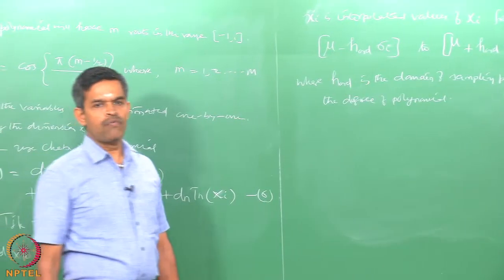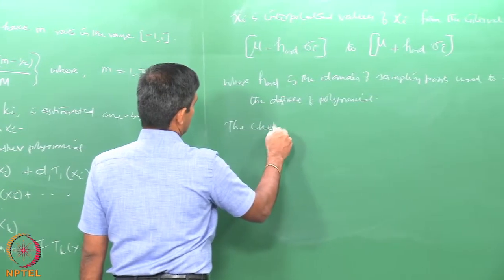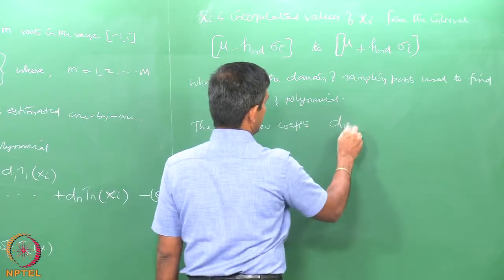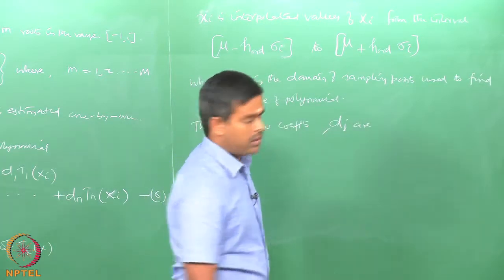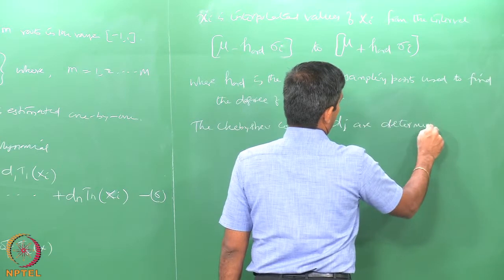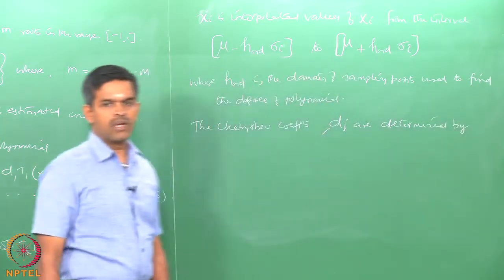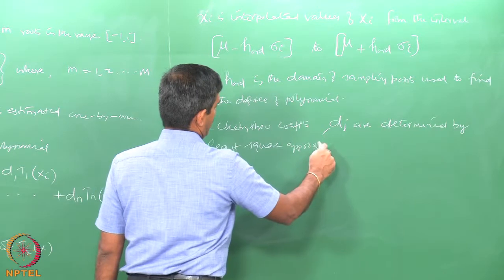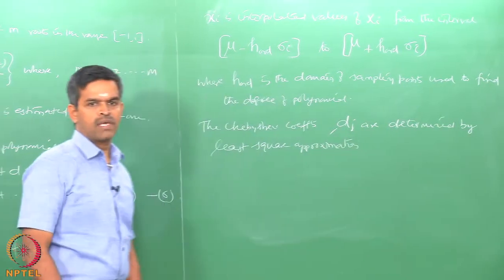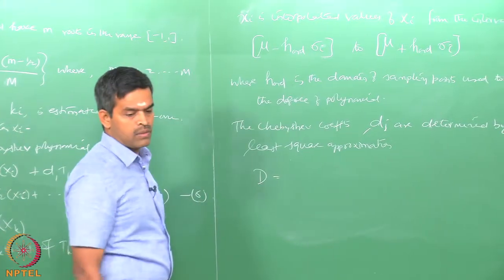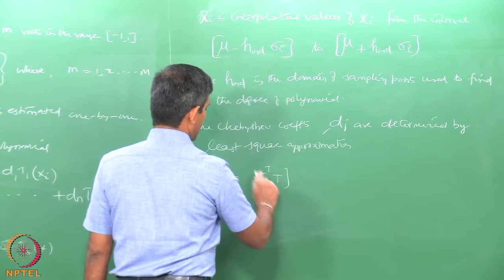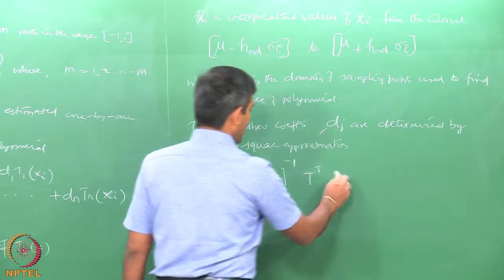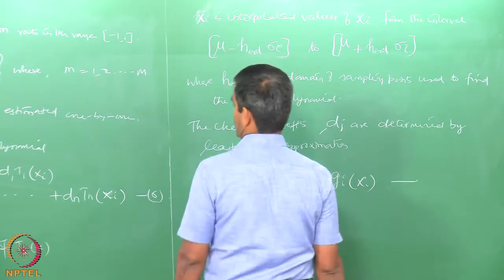Now, the Chebyshev coefficients, which are d_j, are determined by least square approximation, which can be given by d is equal to T transpose T inverse T transpose of g_i of x_i, equation 7.